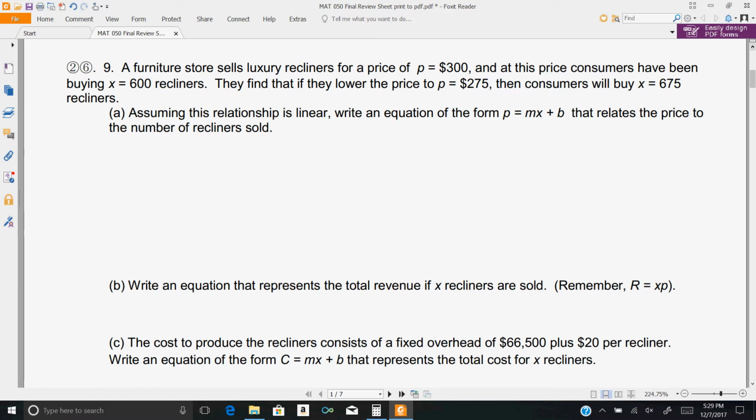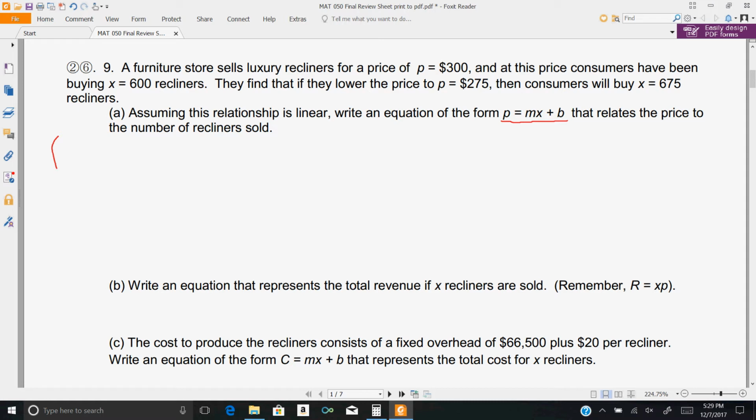So they're giving us 2 points, and they tell us to assume that the relationship is linear. So that means P equals mx plus b. Write an equation of the form P equals mx plus b that relates the price to the number of recliners sold. To start off, I'm going to write coordinate pairs.